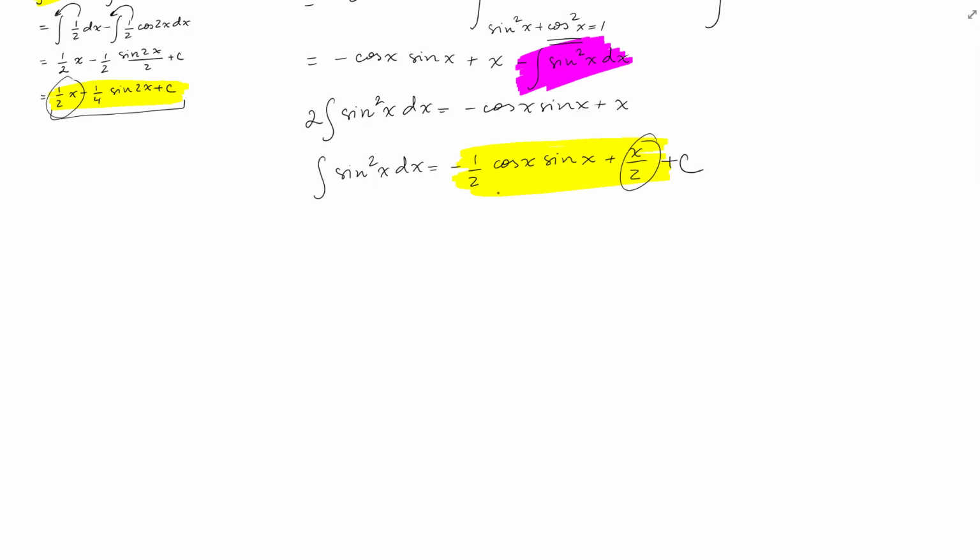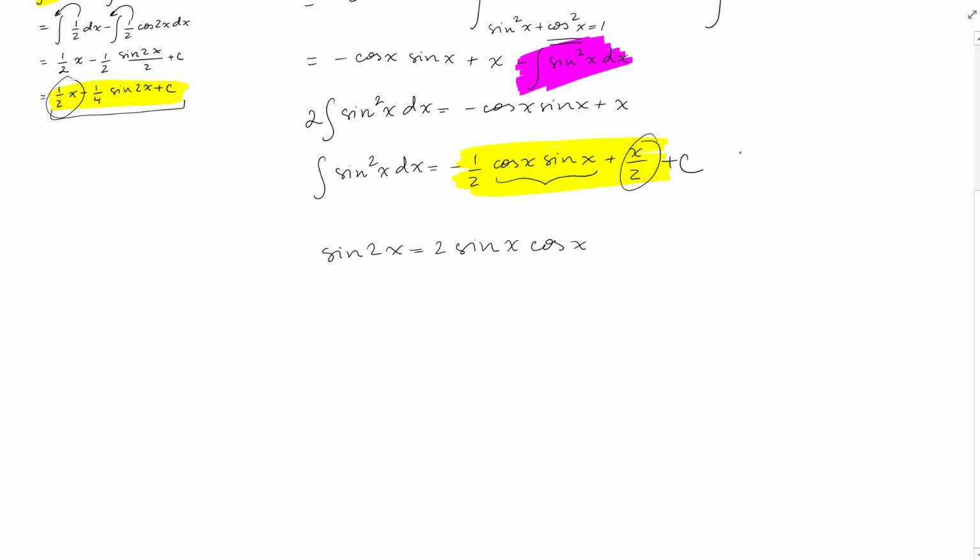Well, we actually did, because we know that sine of 2x is 2 sine of x cosine of x. So on this side, cosine of x times sine of x is actually a half sine of 2x.